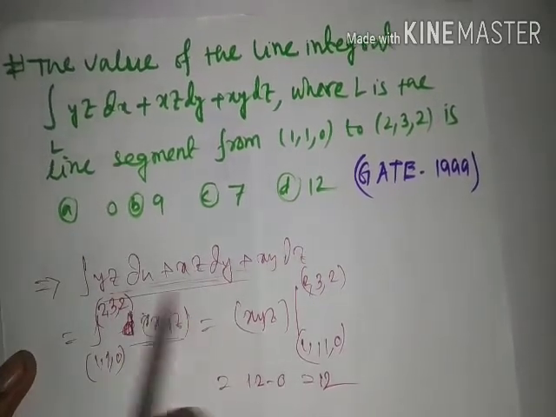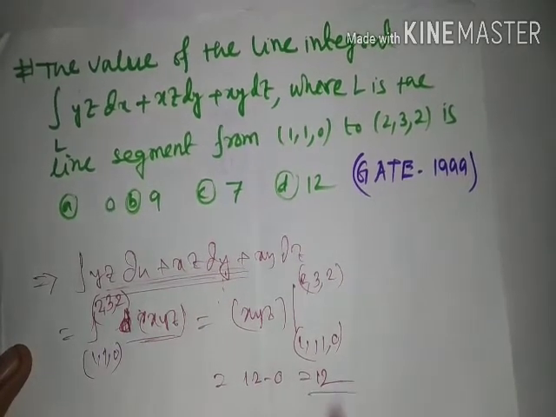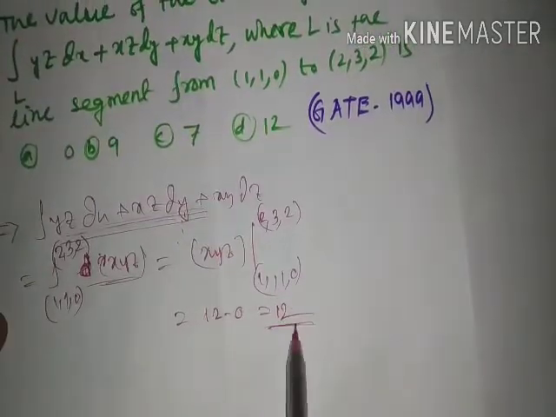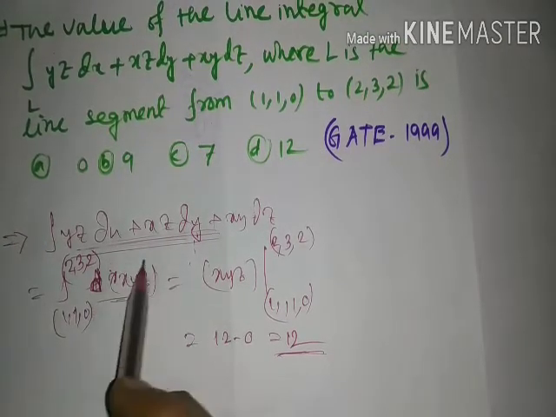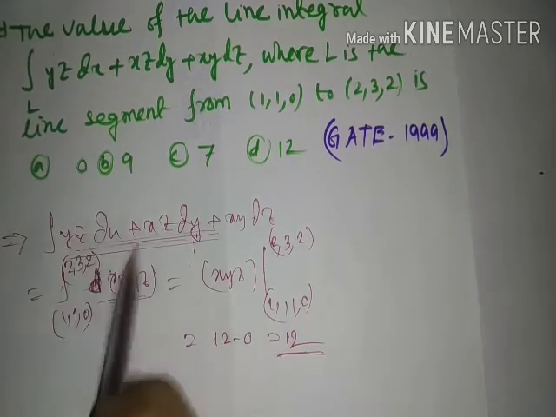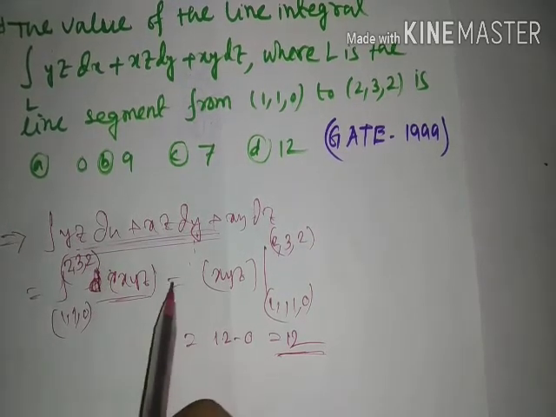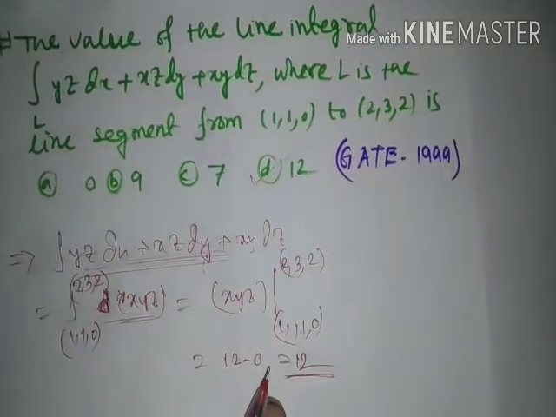So the exactness helps us here to solve this question. So the answer is 12. If we approach the original way, this is a lengthy method, but if we use the trick of exactness, we can easily solve it. So the remaining option, this option is correct.